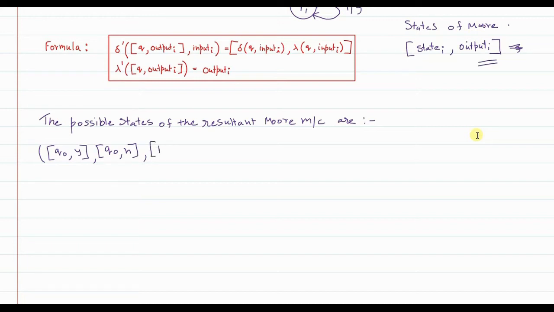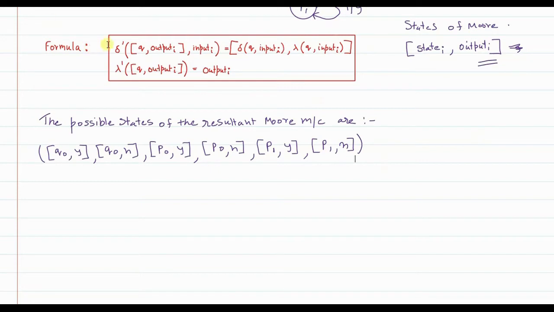Then the next state in the given Mealy machine is P0. So one of the states of the Moore machine will be P0 yes, because yes is one of the outputs, and the second state will be P0 no, because no is the second output. Similarly, the third state in the given Mealy machine is P1, so the resultant states of the Moore machine will be P1 with yes as output and P1 with no as output. So in general, a pair of each state and output of the Mealy machine will be a state of the resultant Moore machine. So these are the states.